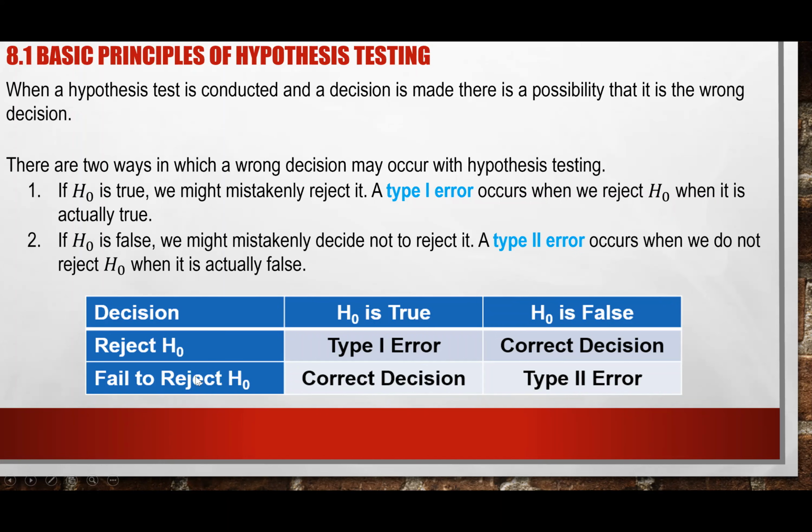We fail to reject, we fail to recognize it, we fail to throw it away. So when it's false and you fail to throw it out, that's type 2. When it's true and you throw it out, that is type 1.